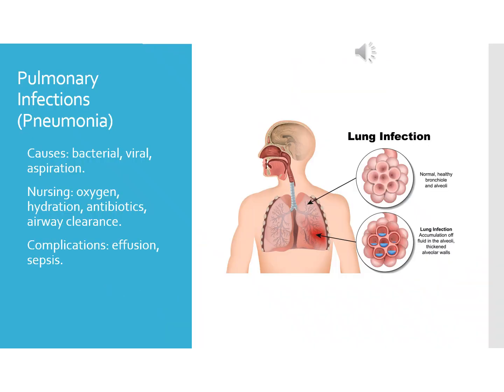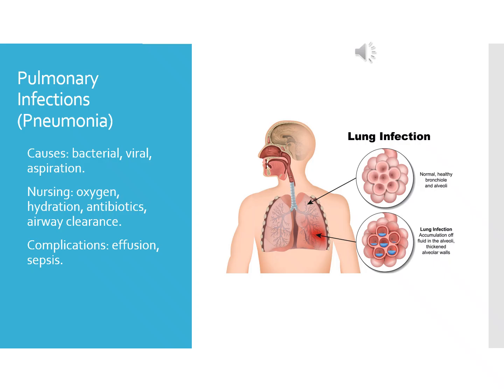Okay, here's a slide again talking about pneumonia or those pulmonary infections. This leads to a buildup of fluid in those alveoli. So what we're going to see is decreased oxygenation. That CO2 gas exchange cannot occur. They may have a productive cough, trying to get that fluid and that sputum out.